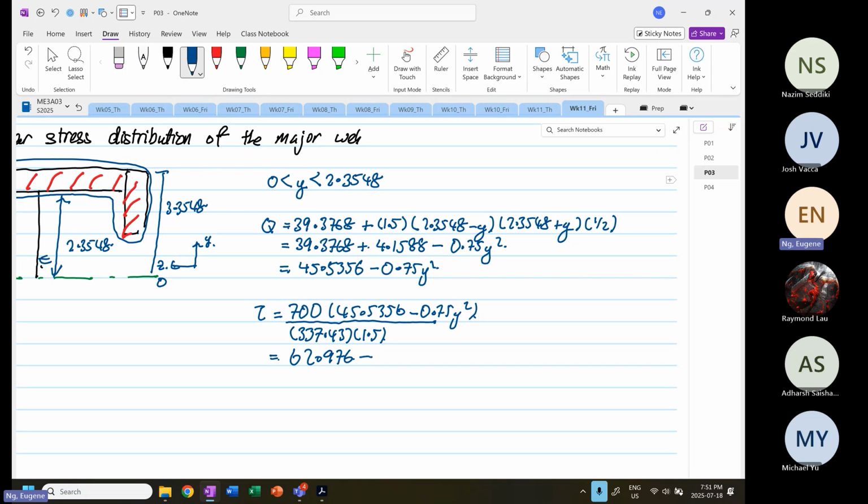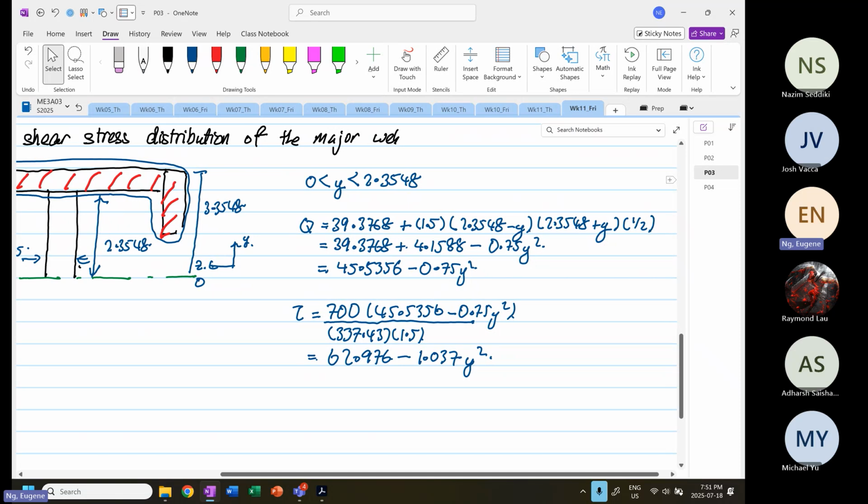Okay, minus 700 times 0.75 divided by 337.43 divided by 1.5, which is 1.037 y squared. Okay, so this is the value, right, of our shear stress distribution.